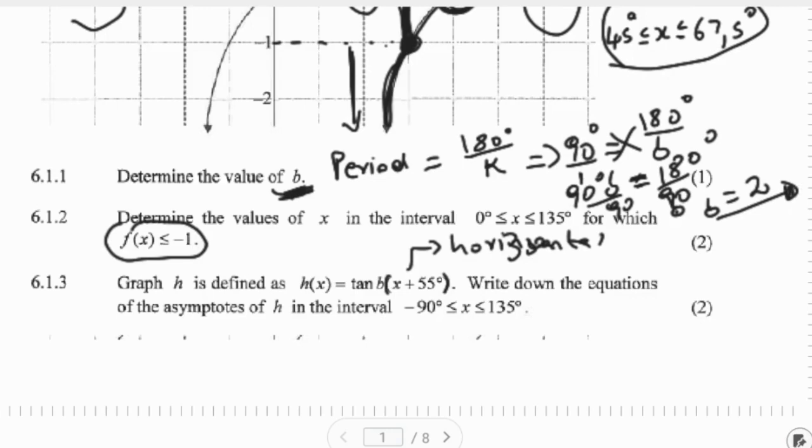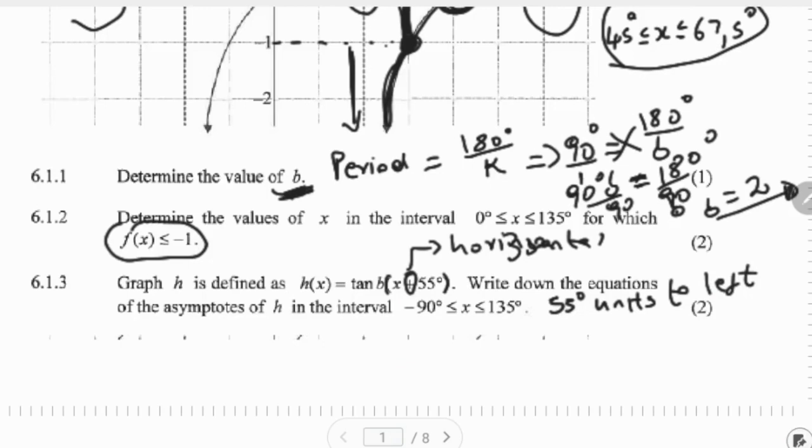So the question says, write down the equations of the asymptotes of h in the interval between minus 90 and 135. So the horizontal shift, we know our graph has shifted 55 units to the left, because that is a plus.